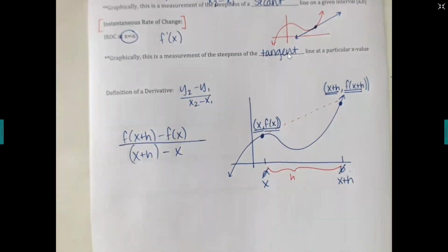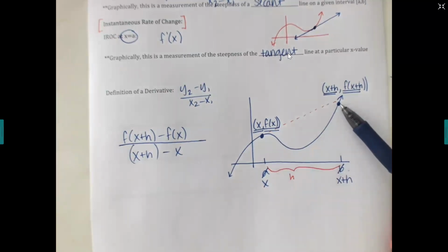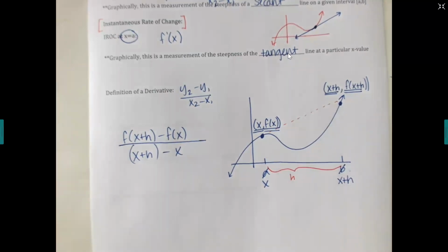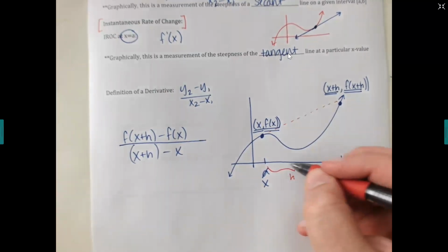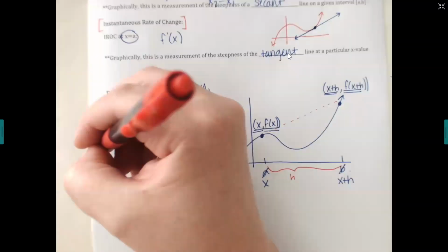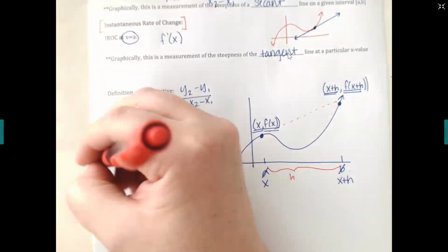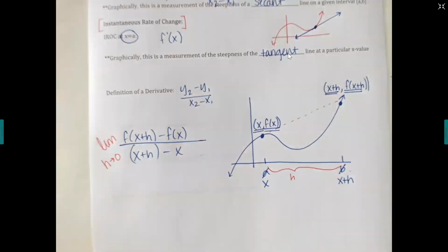Now, the problem is that that slope formula still involves a first and a second point. So in order to turn this into a single point, we're going to take this horizontal space between the points and we're going to do a limit where that space is going towards 0.